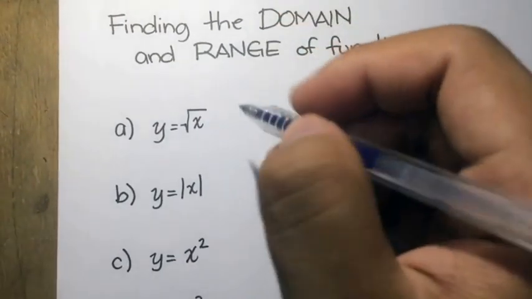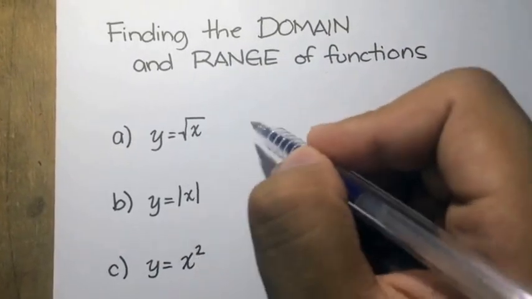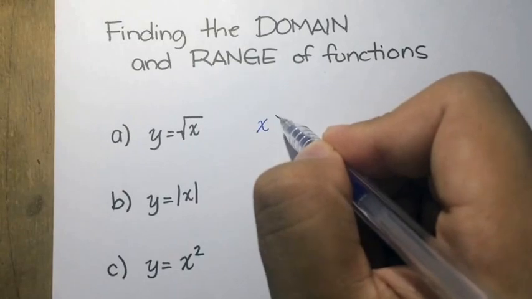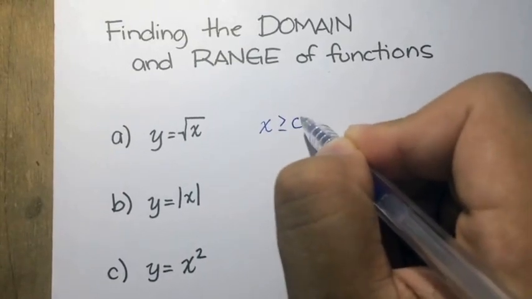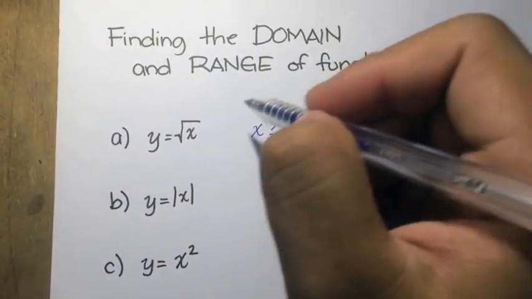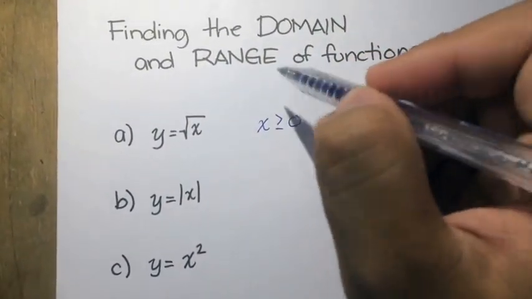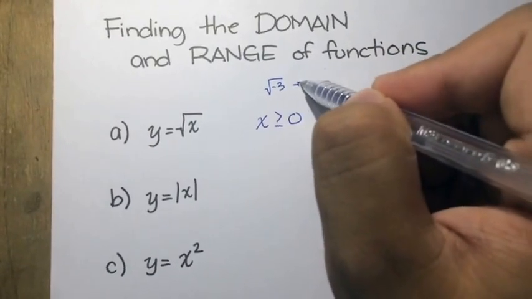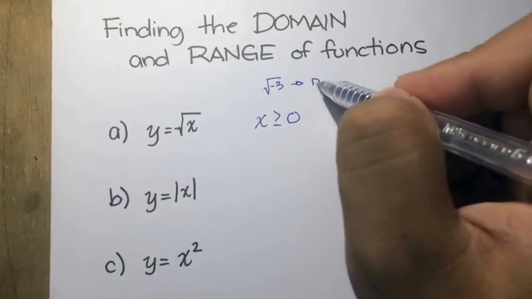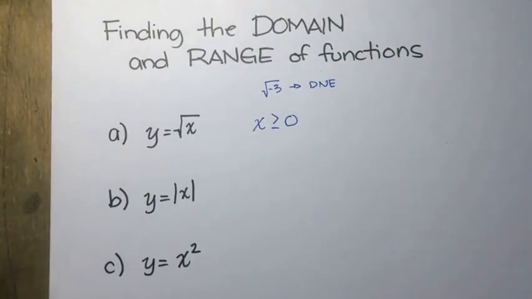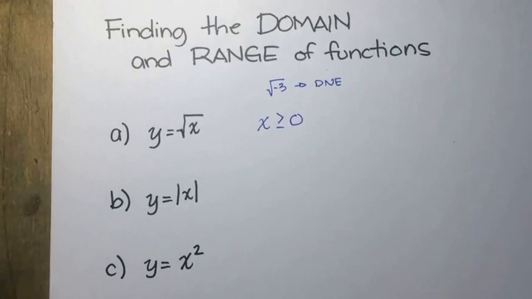So if I write that, this is okay as long as x is not less than 0, or it's greater than or equal to 0. If you take the square root of any negative number, let's say negative 3, it does not exist in our real number system.